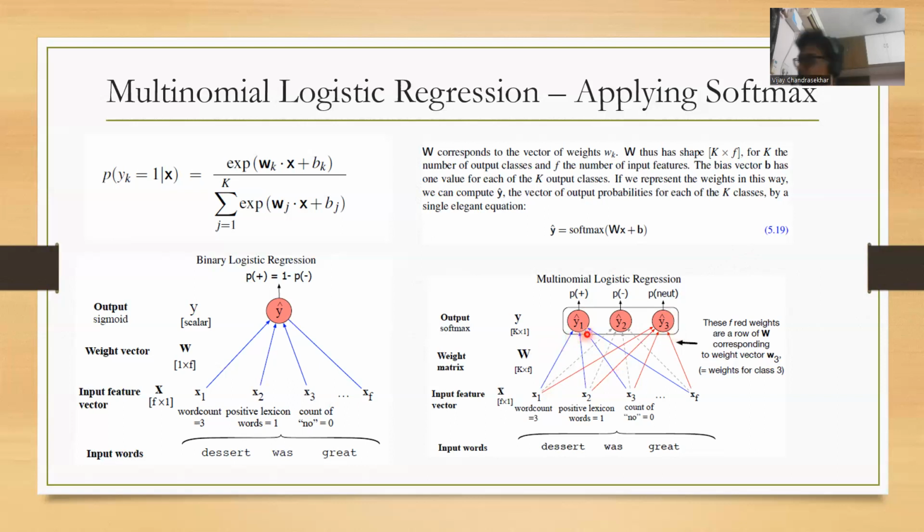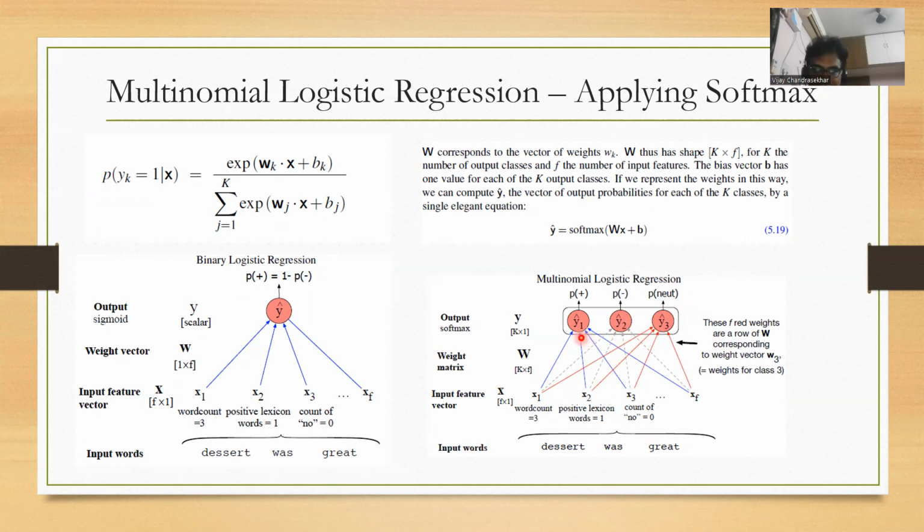Okay, so the way to formulate this problem is we'll have z1, z2, z3. I'll write z1 as x1 times something like w11. Basically, we will have different weights for different classes.